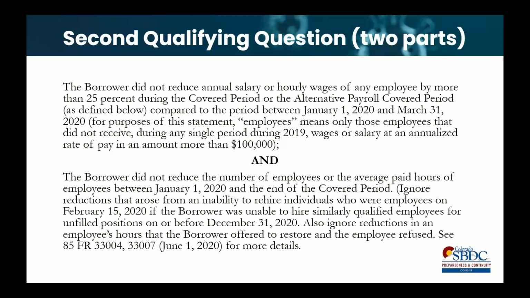Keep in mind that you can reduce an hourly wage employee's hours by more than 25%. You can just not reduce their hourly wage by more than 25%. In the same vein, you can also reduce a salaried employee's hours worked by more than 25%. You just cannot reduce their effective annual salary by more than 25%.